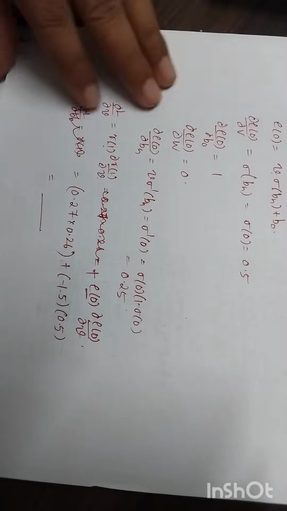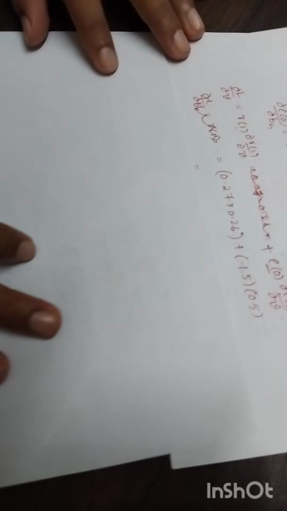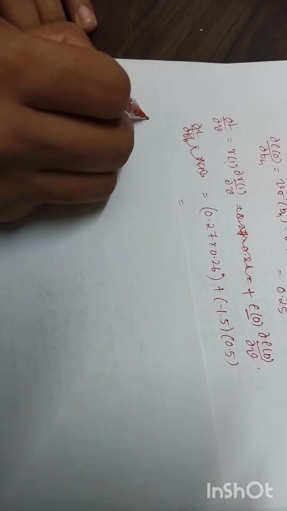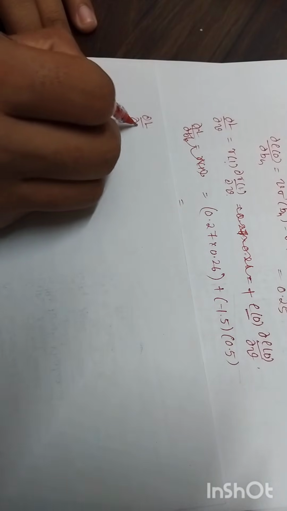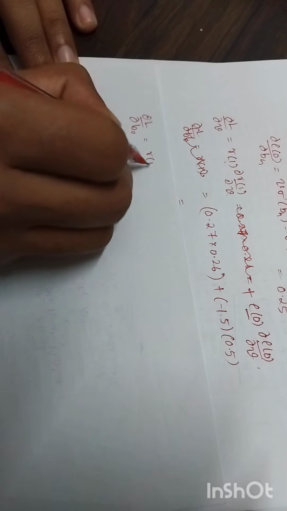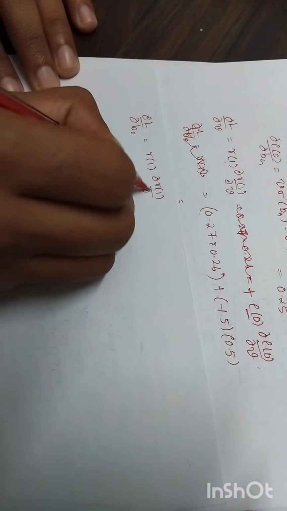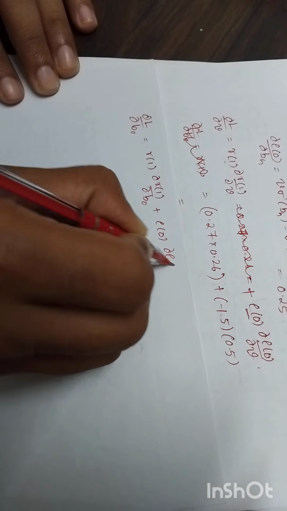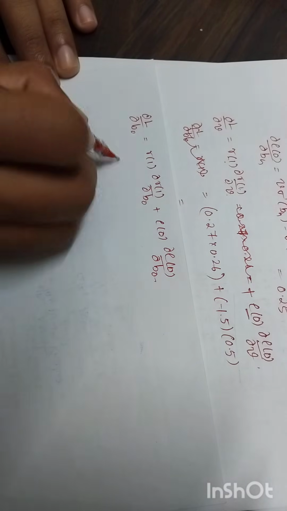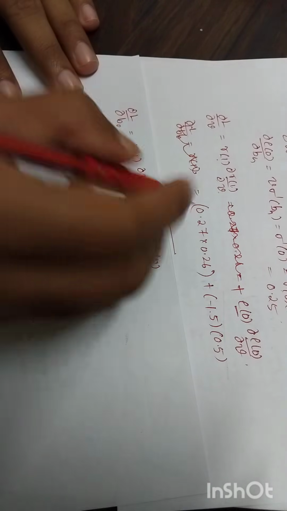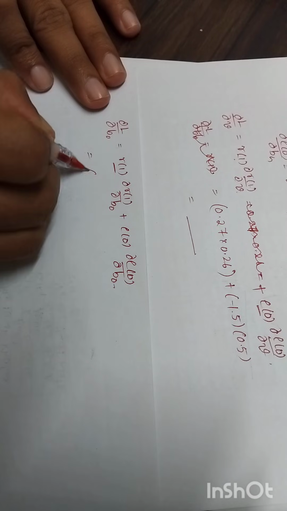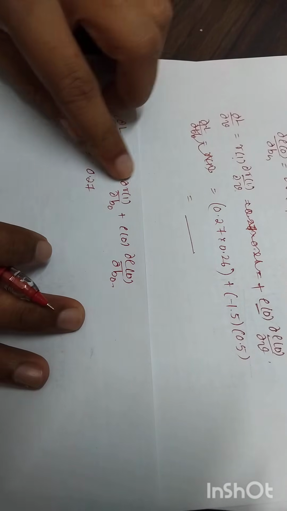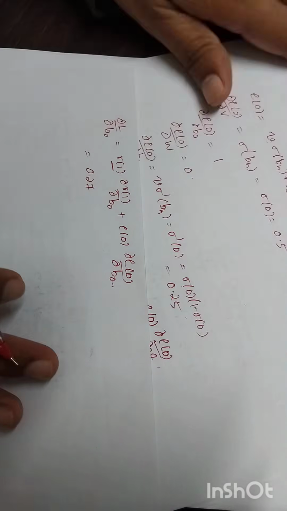Okay, then similarly you calculate dL/dB0, which would be R1 into dR1/dB0 plus E0 into dE0/dB0. The R1 value is again the same as this, 0.27, into dR1/dB0, which we calculated, which is 0.1.